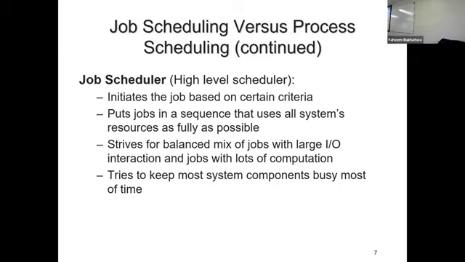Are you a CPU bound or an IO bound process? Do you know what a CPU bound process is? It's a process that requires a lot of CPU, but there's little IO. And you know what an IO bound process is? Okay. Right. What's an IO bound process?